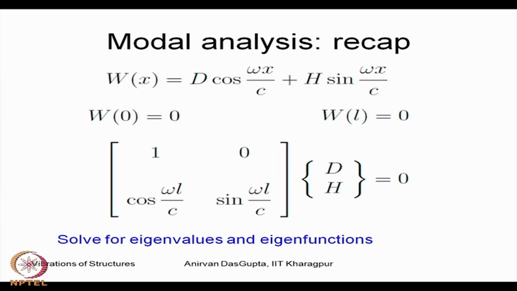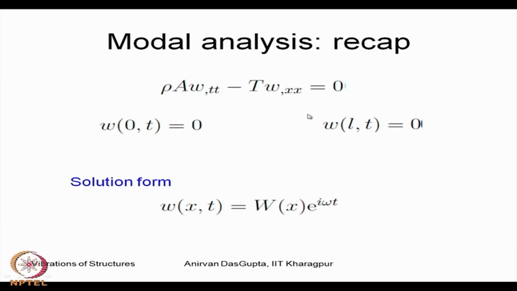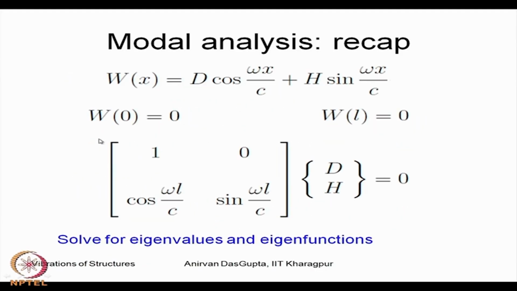So, the point to note here in the modal analysis is that we obtain the eigenvalues and eigenfunctions when we have boundary conditions. So, in our original equation these are the boundary conditions. If we do not have boundary conditions, then what happens?